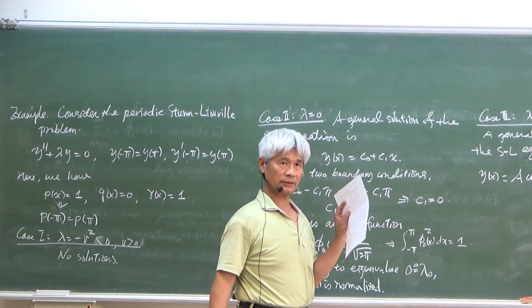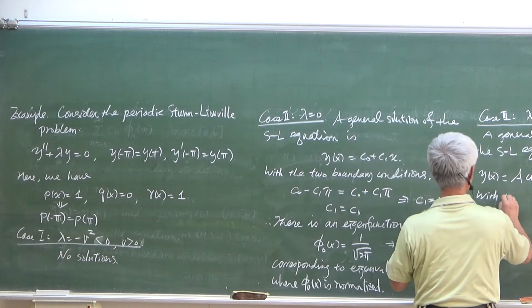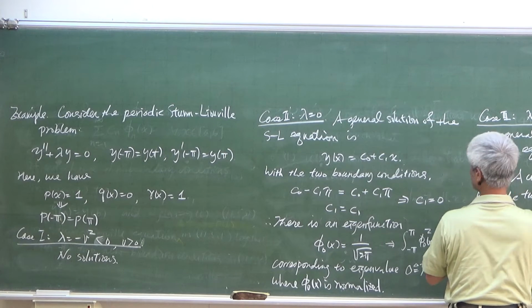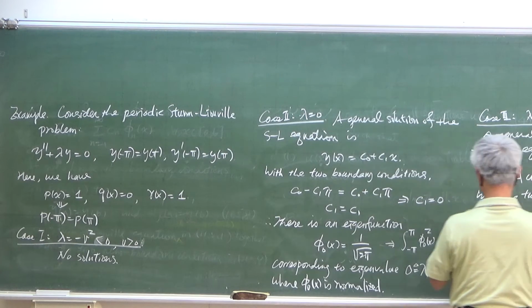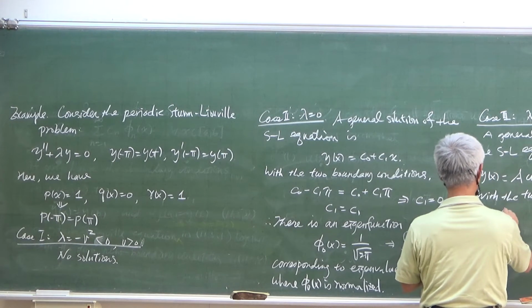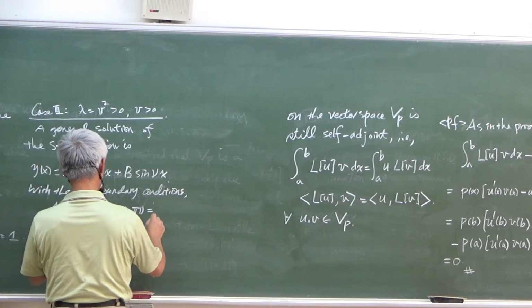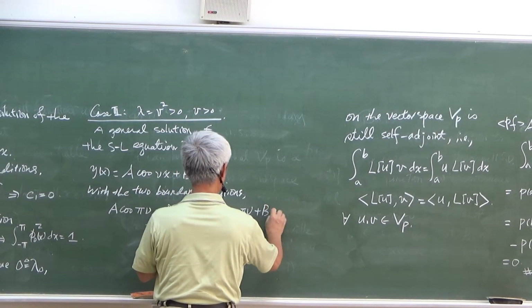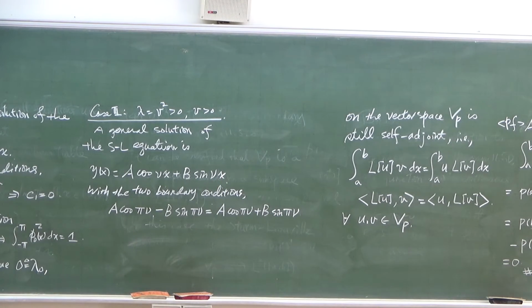So this is the general solution. Now, with the two boundary conditions, we have A cosine πμ - B sine πμ = A cosine πμ + B sine πμ.